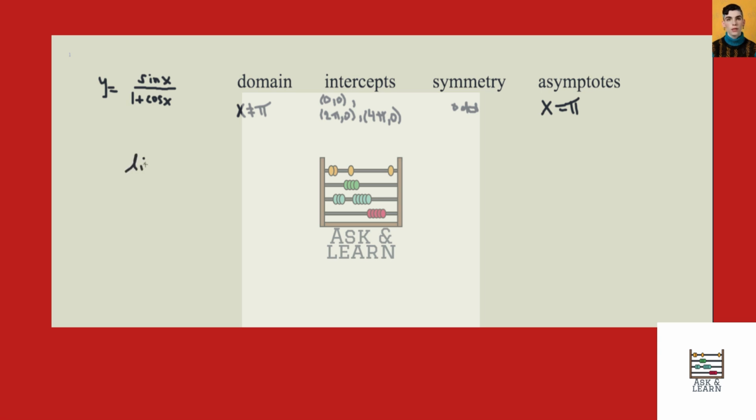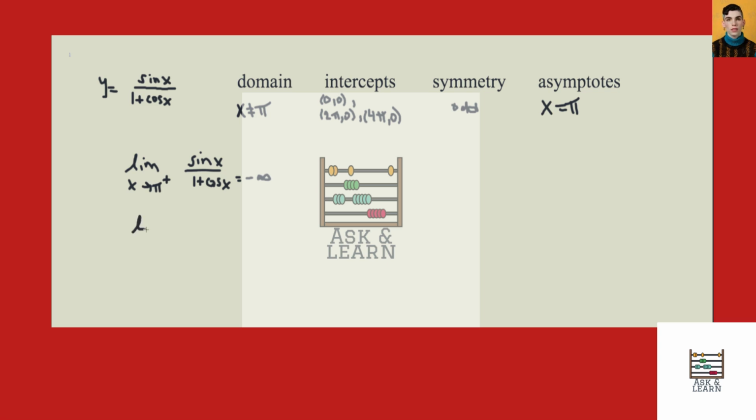The limit as x approaches pi from the right side of sine x over 1 plus cosine x. So that's going to be negative infinity.